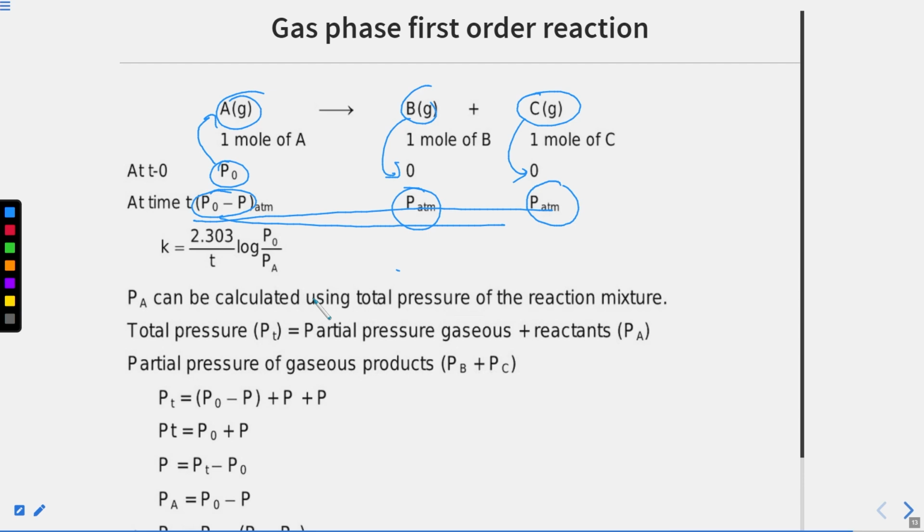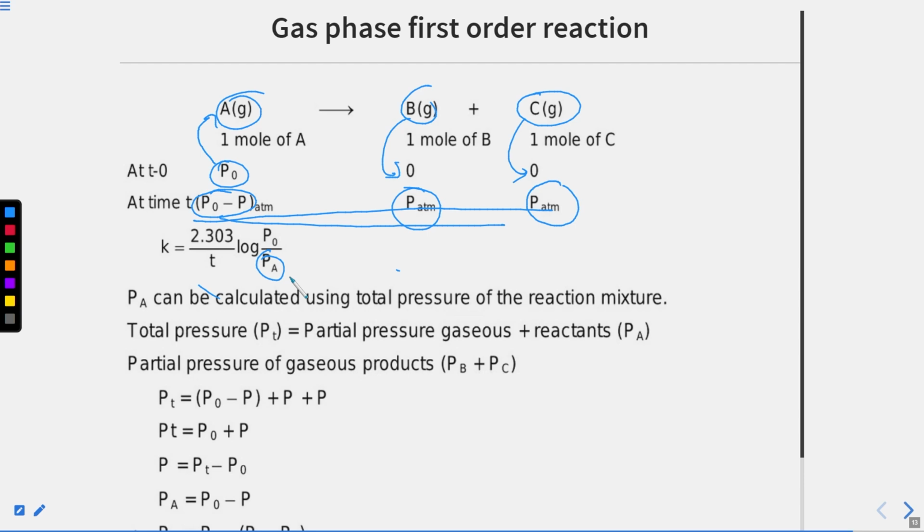More accurately, P naught is your initial concentration, and PA is your concentration at time t, or pressure, because in this case we are dealing with gas. So P naught is the pressure at time t equal to 0, and PA is the pressure at time t equal to t seconds.